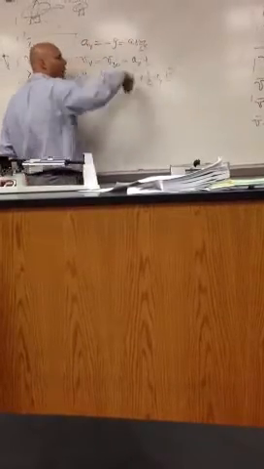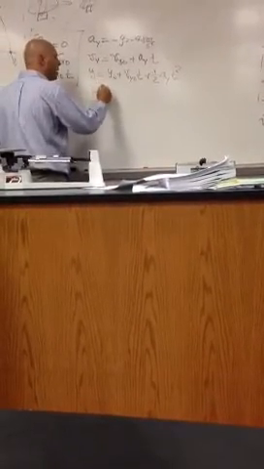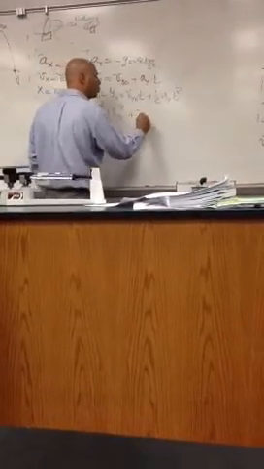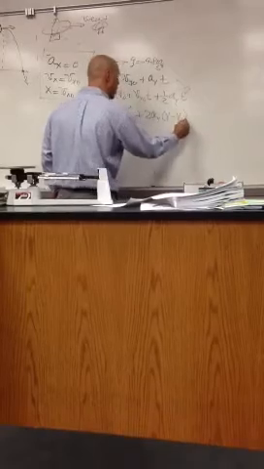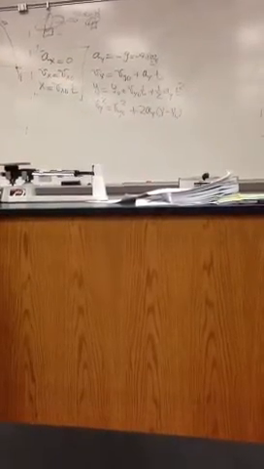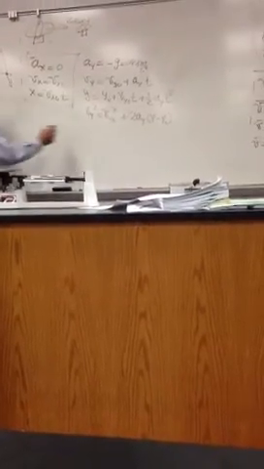But remember, ay will be replaced by negative g, or negative 9.8. And finally, Vy squared is equal to Vyo squared plus 2ay (y minus yo). These will be the equations for projectile motion.